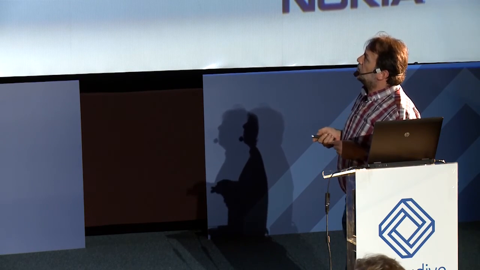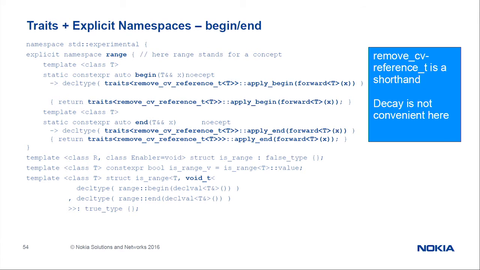Then we want to specialize the thread here, for example. We specialize, where am I? Okay, once I have the threads, I define the functions on the range, explicit namespace range, that will just forward.